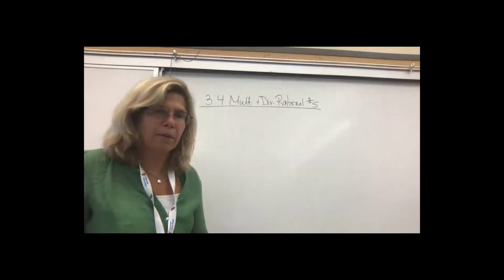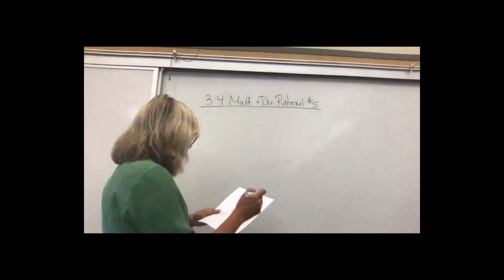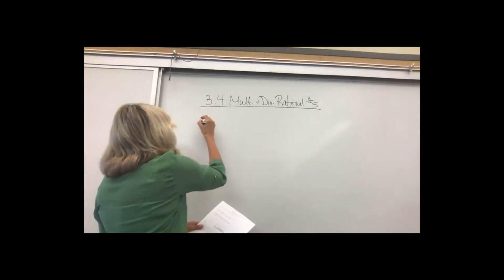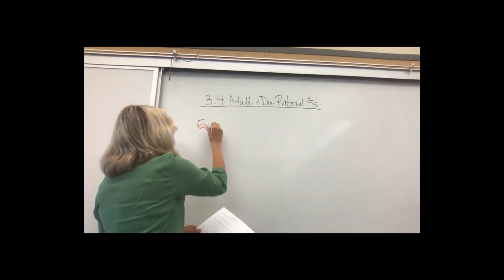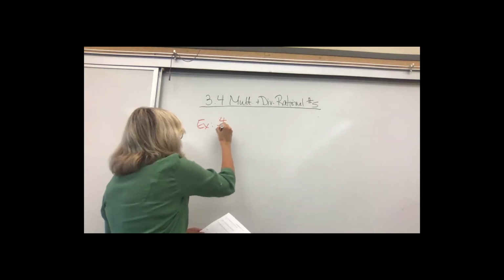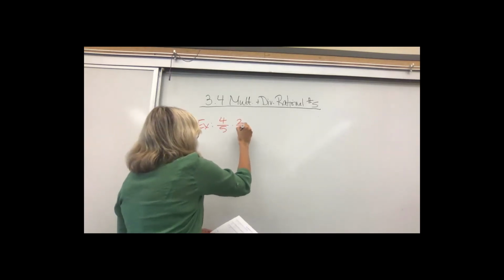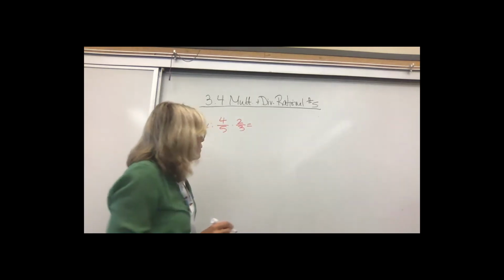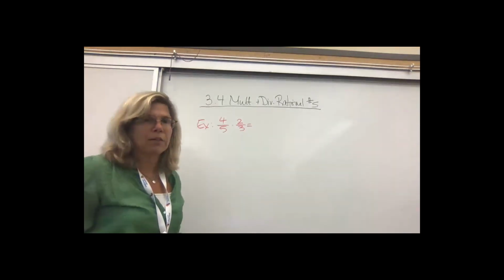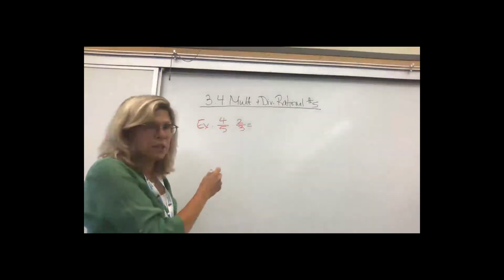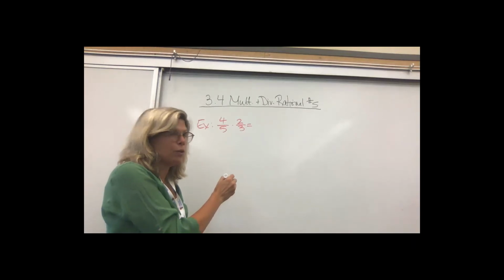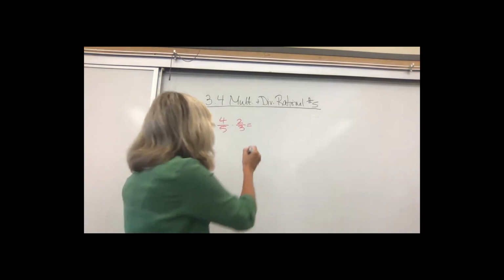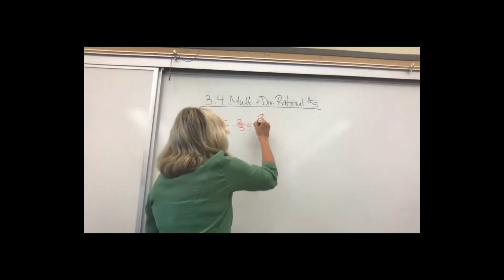I'm going to use red now. Red is fun. Okay, 4/5 times 2/3, which equals, so here if I have a fraction times a fraction, you just multiply the numerators and multiply the denominators. So that equals 8 over 15.